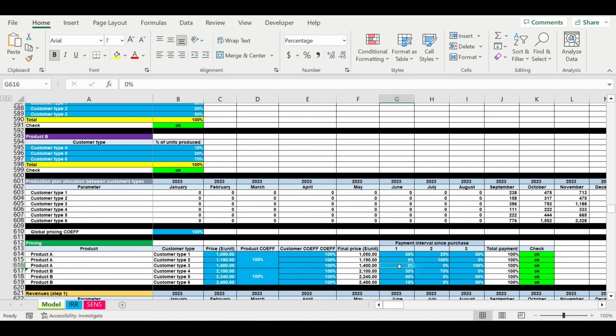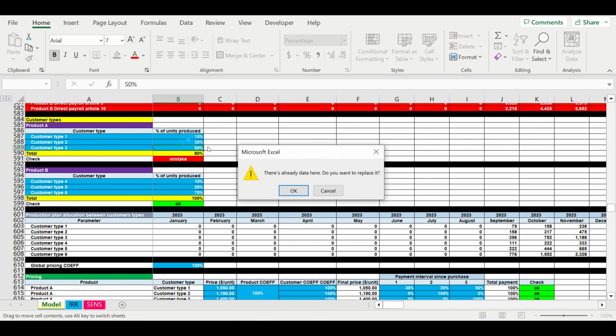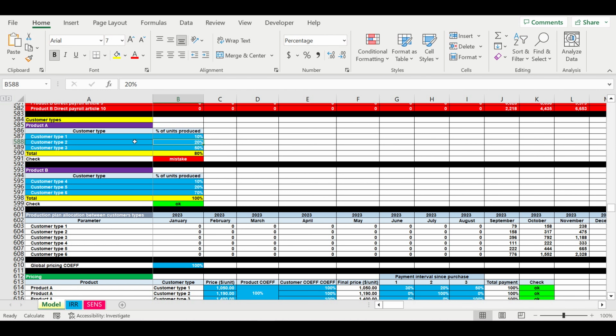So we can play with, for example, what will happen if the customers pay us like this. 10% of units will go to customer type 1, customer type 2 will get 30%, and 60% will go here.